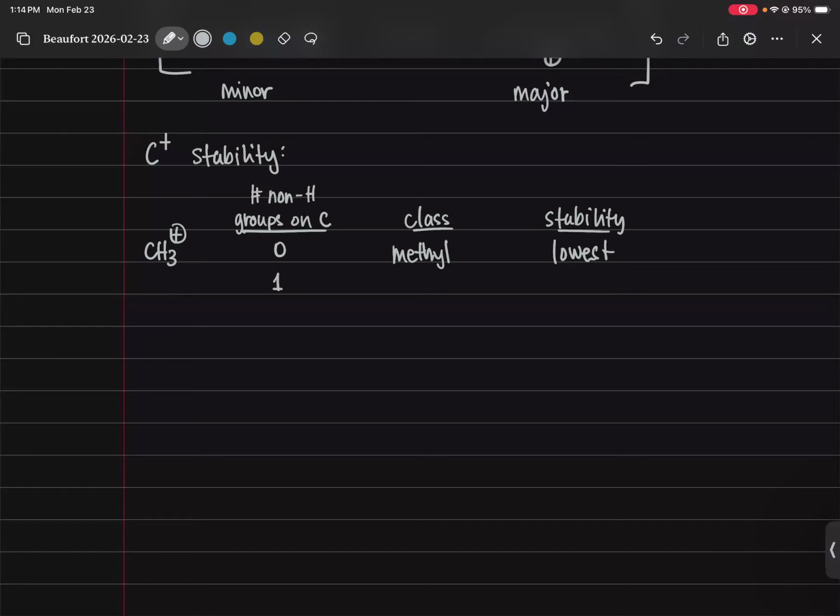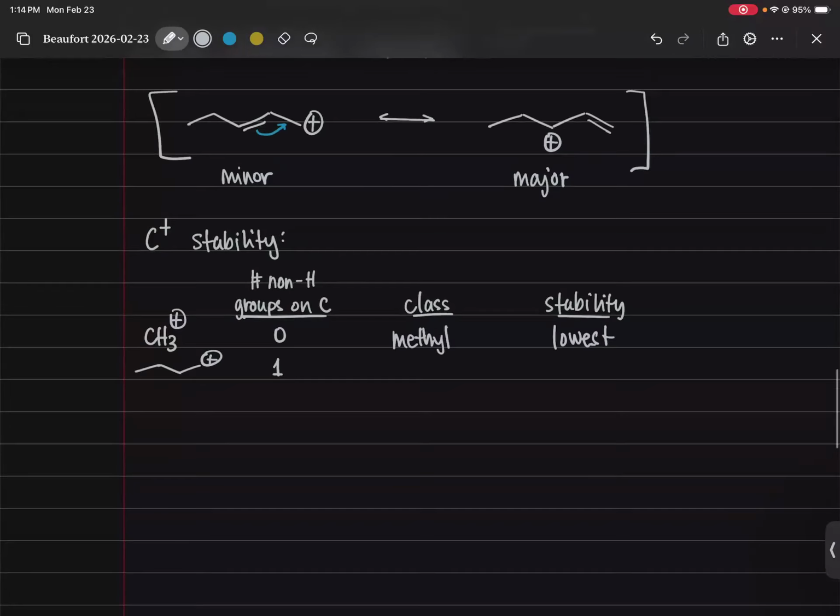If we have one non-hydrogen group, that would be like this. So that is similar to our minor contributor in the example. This is a primary carbocation. It's going to increase in stability as we go along.